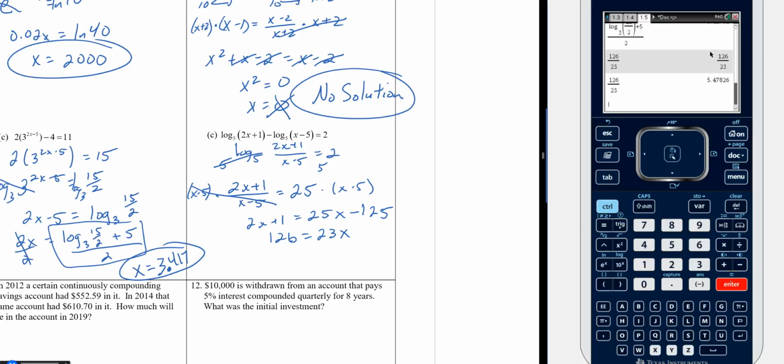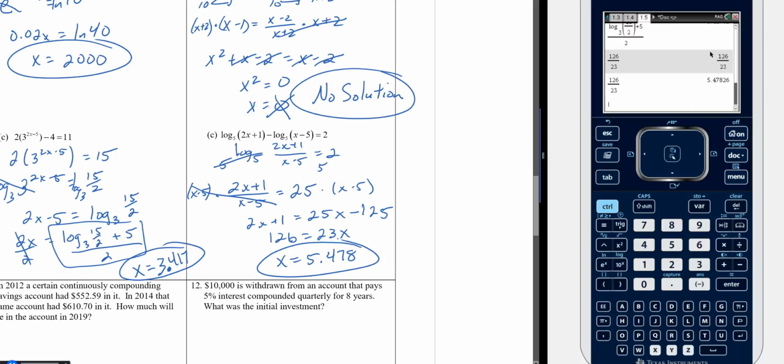And that gives me 5.478. So x is equal to 5.478. That's my solution. It's definitely going to work here. And since 5.478 is larger than 5, this is also going to be positive, so it's going to work there as well.